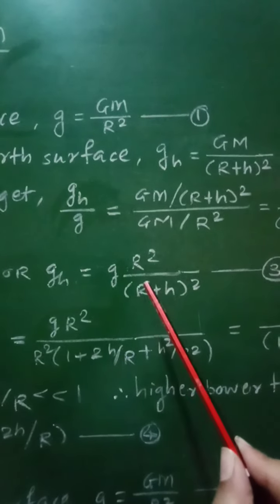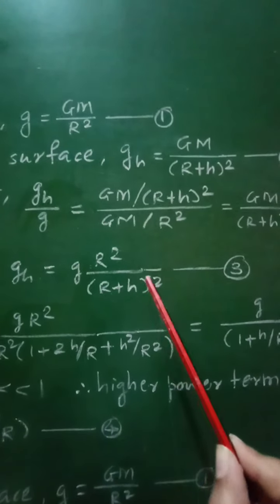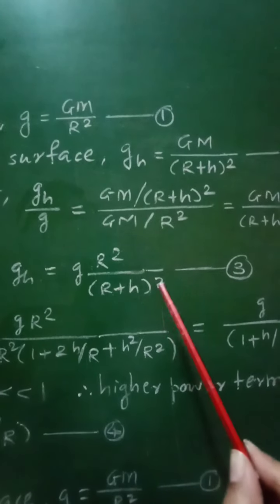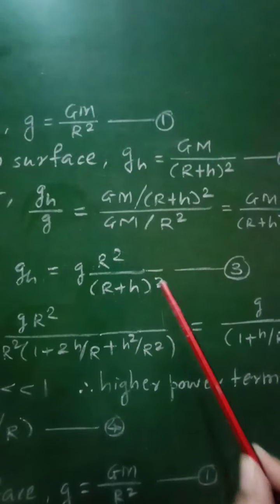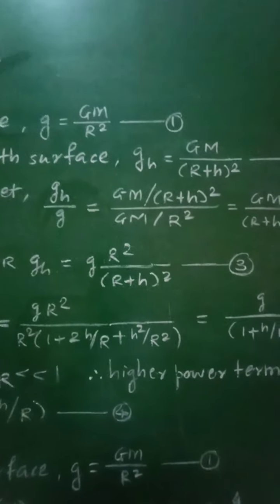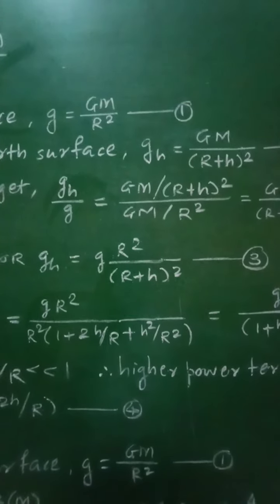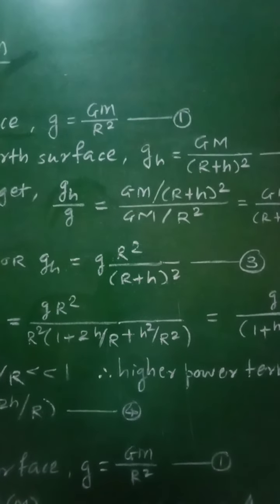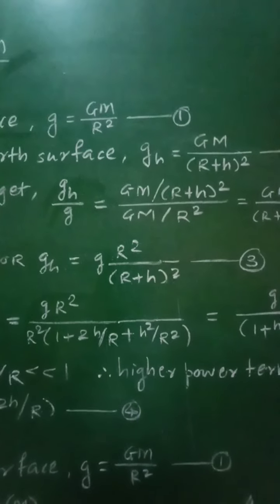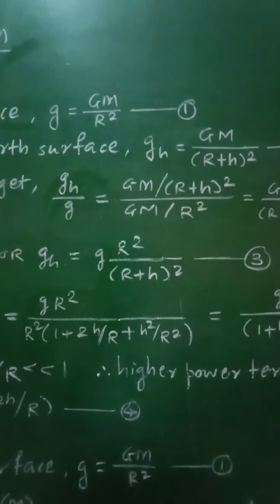So as we go away from the earth's surface, the value of acceleration due to gravity goes on decreasing, that is as altitude increases, the acceleration due to gravity decreases, that is gh will be less than g.